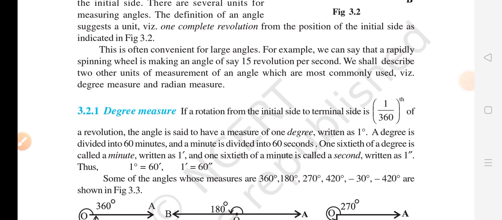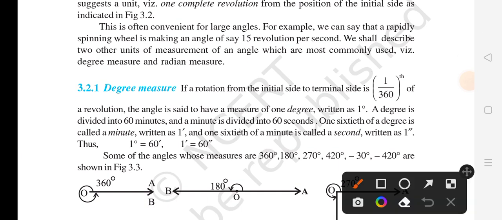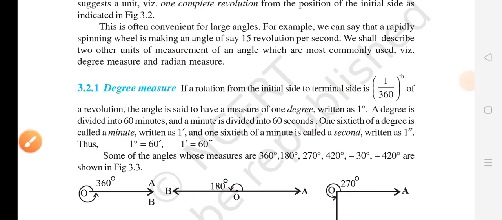Now we will understand measurement of angle by two units. First is degree measurement and second is radian measurement. Firstly we are going to understand degree measurement. What is degree measurement? So listen carefully. If the rotation from the initial side to the terminal side is 1/360th of one revolution, the angle is said to have a measure of 1 degree.